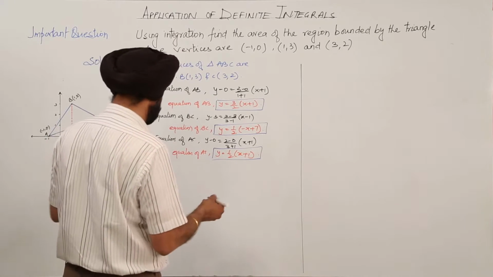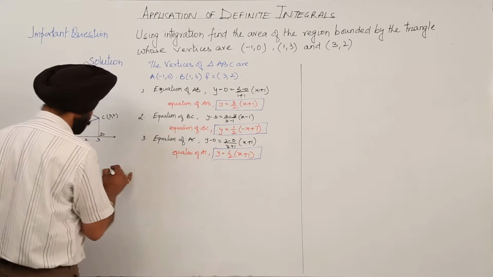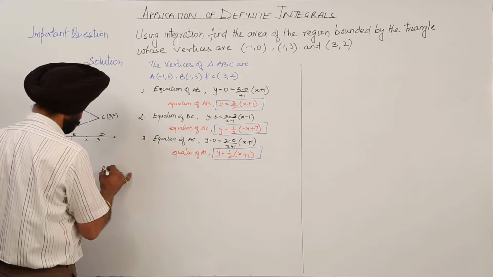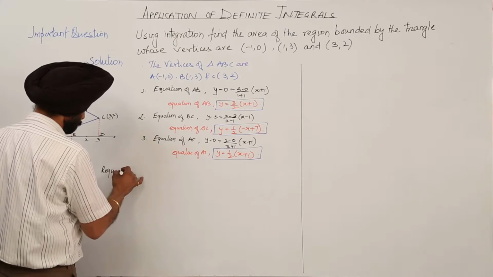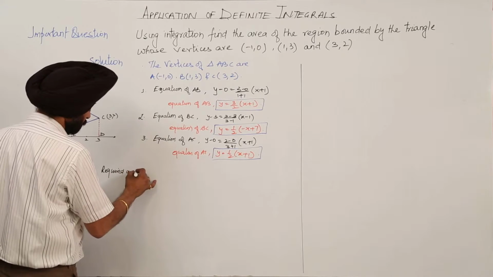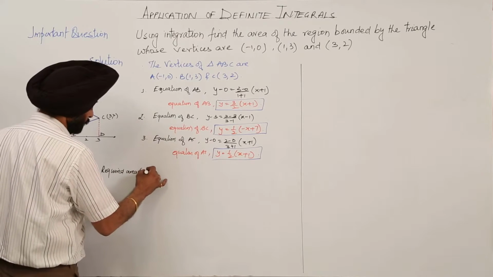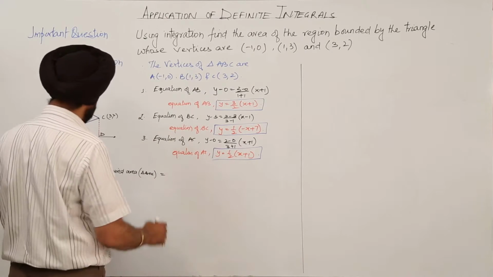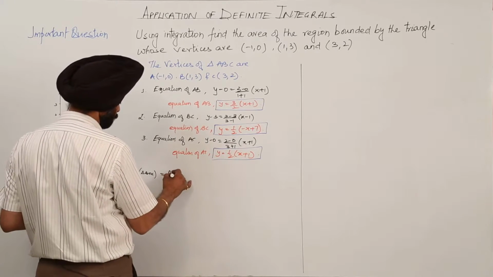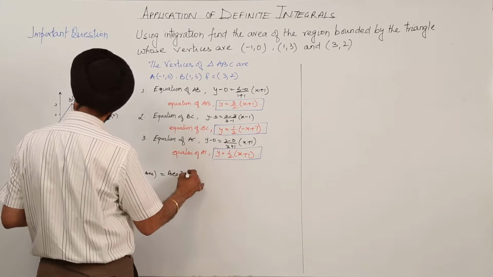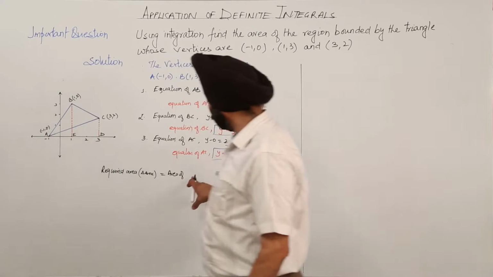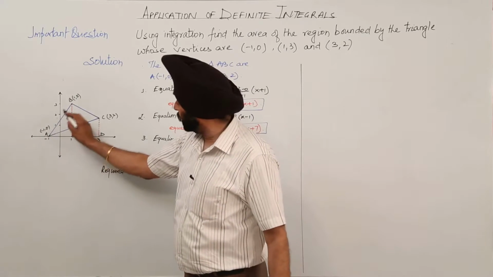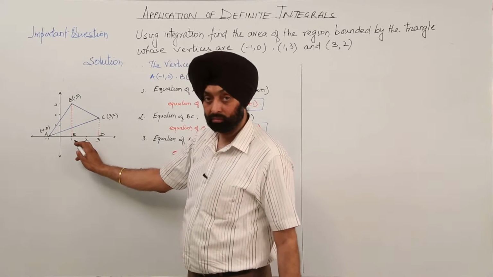Now the required area, triangle ABC, this we have to find. Now the required area is the area of ABE. Is it clear?